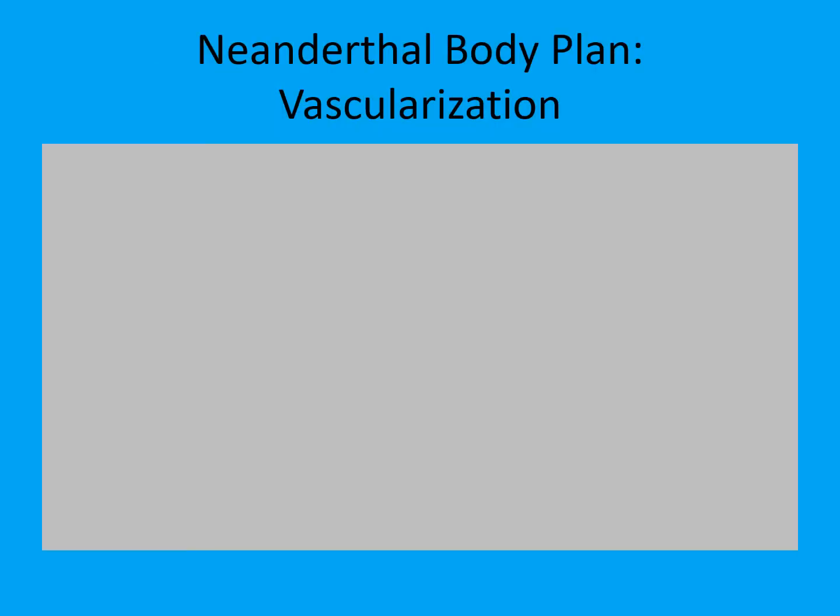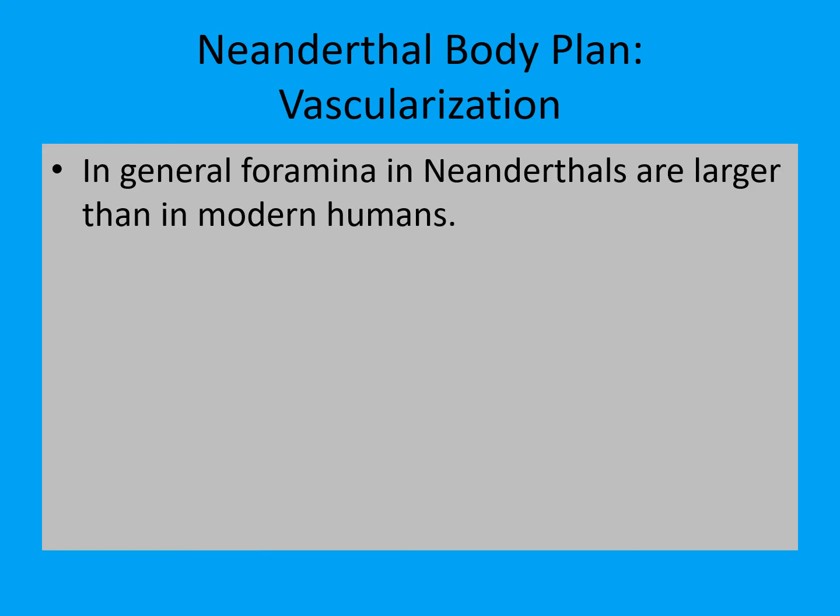So if we look at the differences in vascularization between modern Homo sapiens and Neanderthals, in general, the foramina, or the holes in the bone in which the innervation goes through and the vascular system goes through to feed blood to the bone, are much larger in Neanderthals than they are in modern humans.